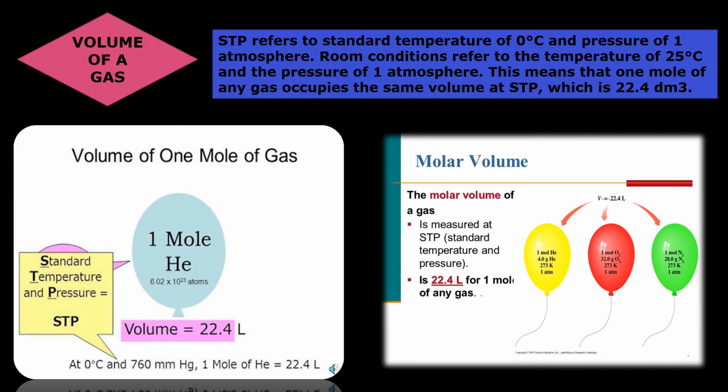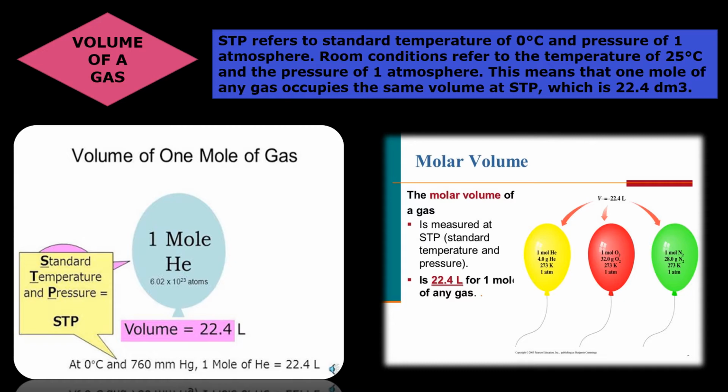Let's discuss. STP refers to standard temperature of 0 degrees Celsius and pressure of 1 atmosphere. Room conditions refer to the temperature of 25 degrees Celsius and the pressure of 1 atmosphere.